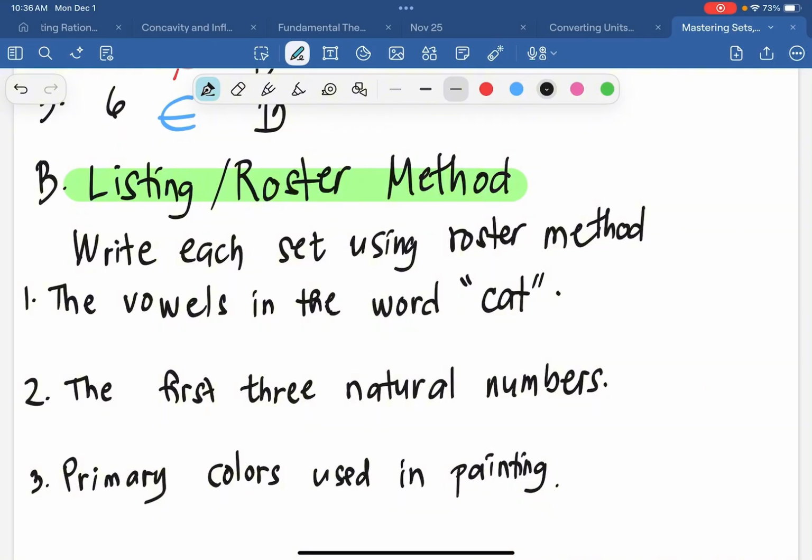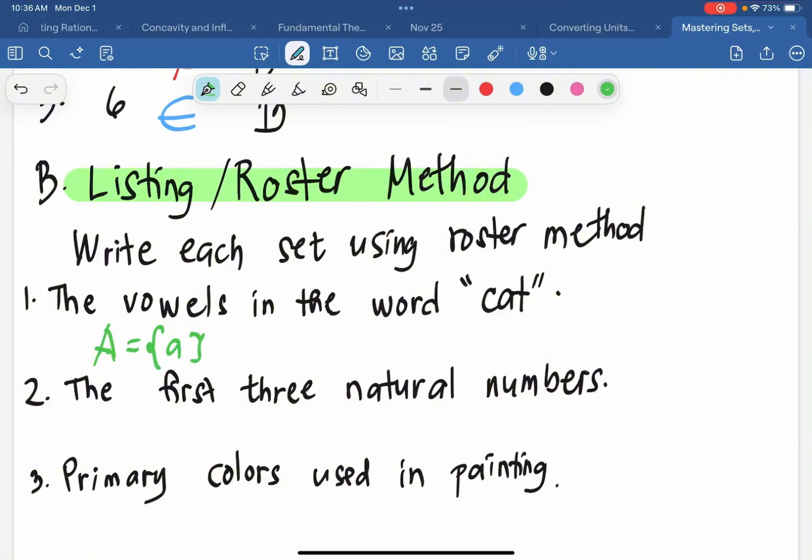Let's have a listing or roster method activity here. Write each set using the roster method. Let's assume 1, 2, 3 as sets A, B, and C. So for A, we have here the vowels inside the word cat. So it's only A, so we just write it like this.